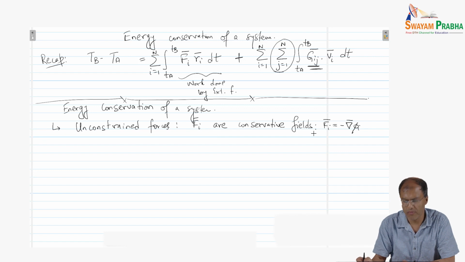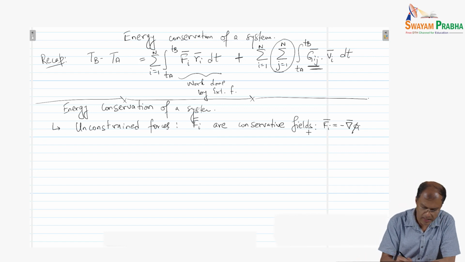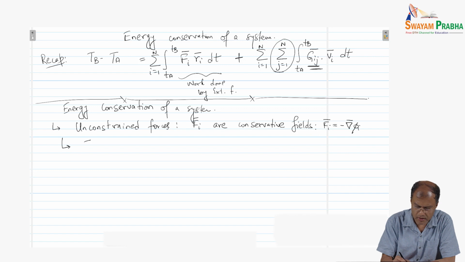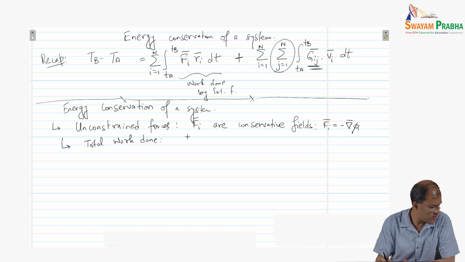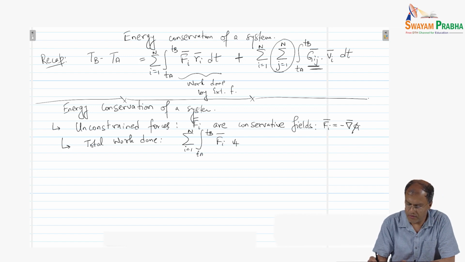So the external force fields are conservative, and the total work done in this case will be the summation i from 1 to n, integral from tA to tB of Fi · vi dt.